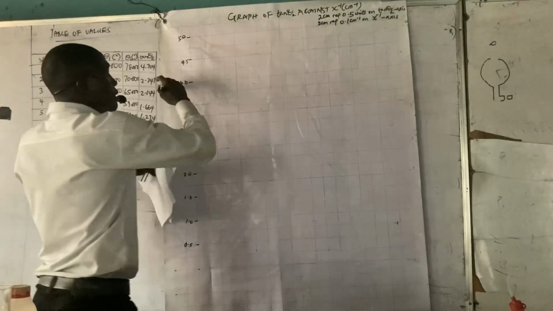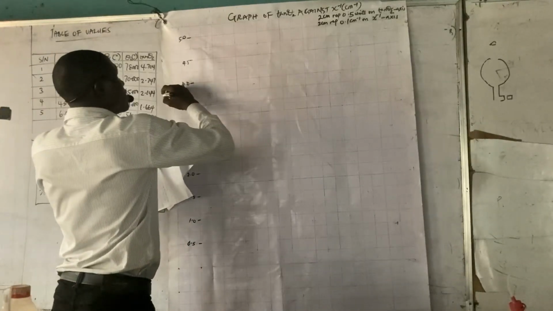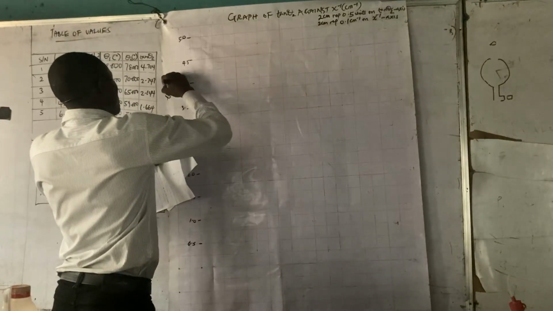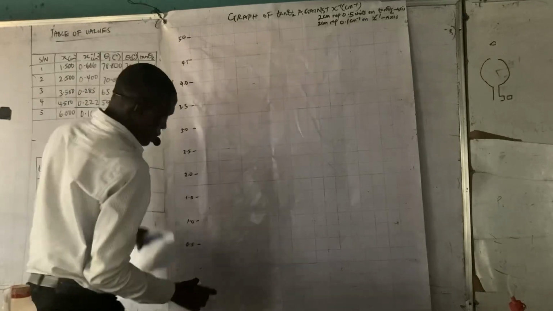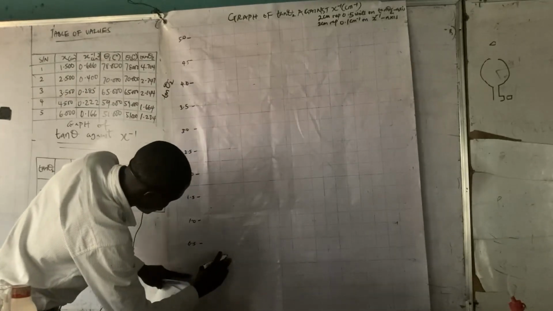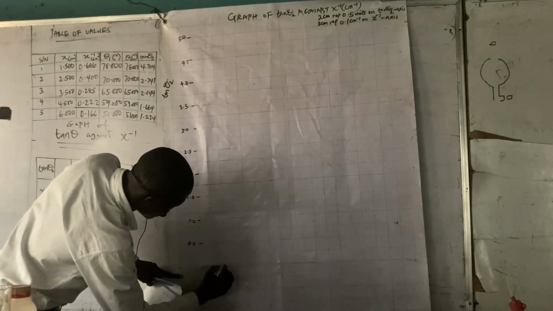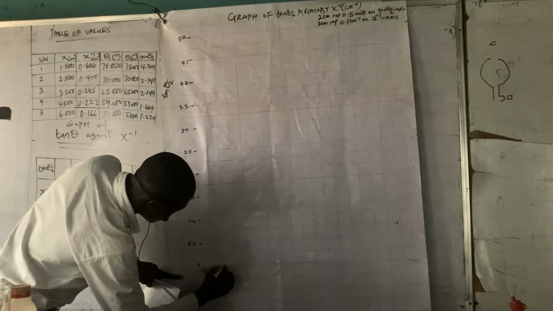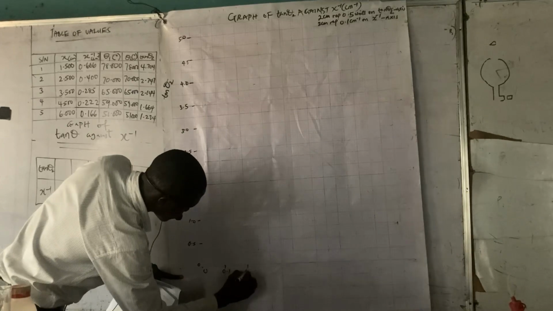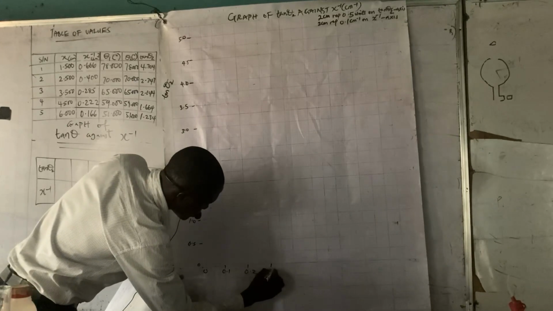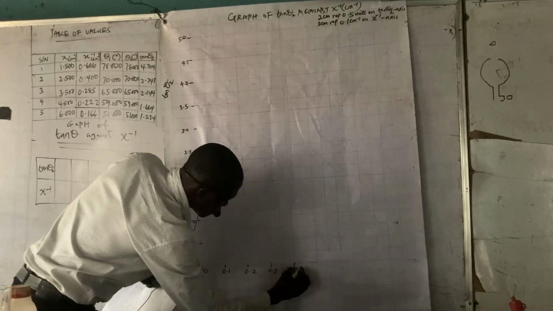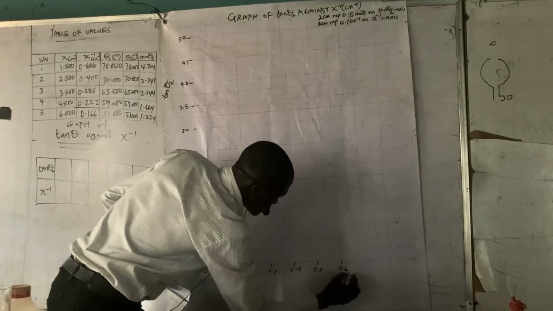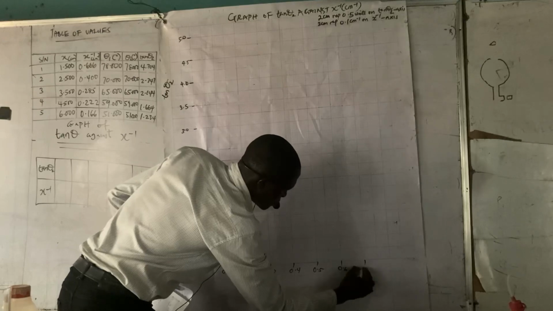So this one is tan theta 2. This one is 0, 0.1, 0.2, 0.3, 0.4, 0.5, 0.6, and 0.7.